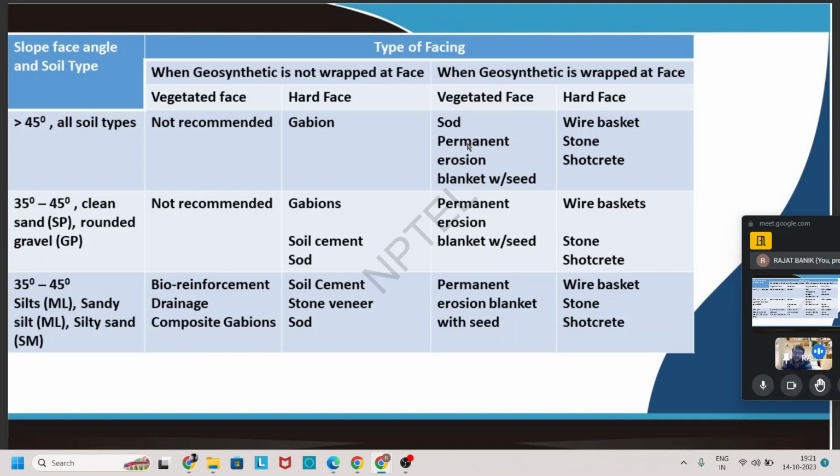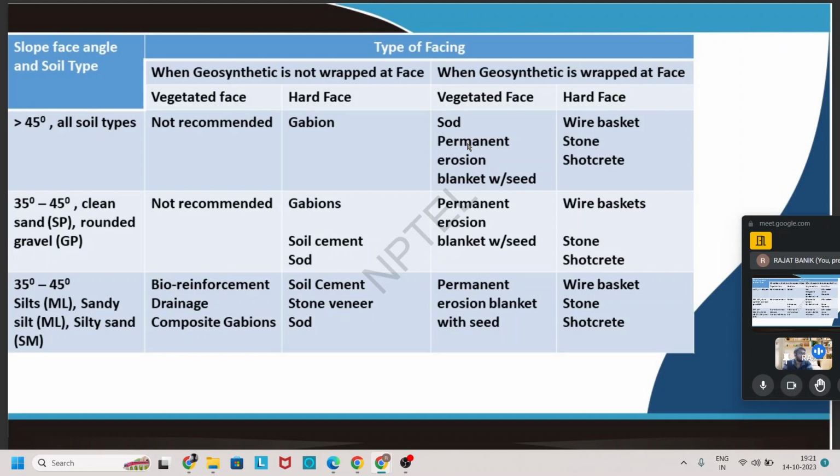When the slope angle is between 35 degrees and 45 degrees and the material is silt, non-compressible silt, sandy silt, or silty sand, then when the geosynthetic material is not wrapped at the face, for vegetative face we use bioreinforcement, drainage composite, and gabions.